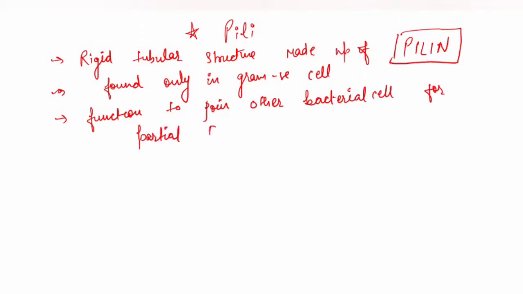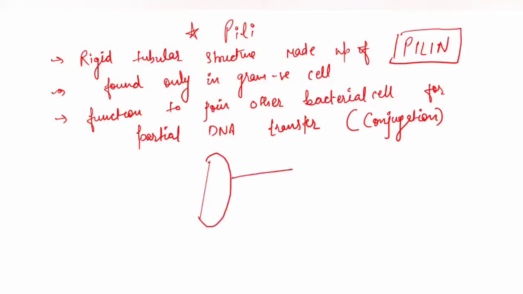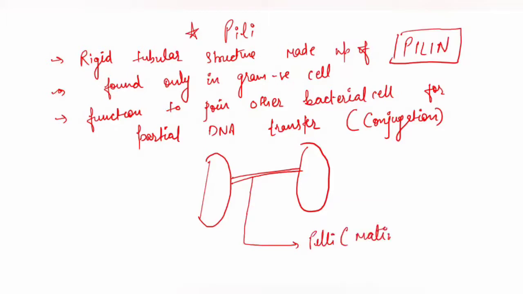It basically helps in the partial transfer of DNA. Partial transfer means that, using the pili, one cell transfers its plasmid to another cell in a process known as conjugation. The pili connecting the two cells is known as a mating bridge. When we study gene transfer, I will teach you about the conjugation process.